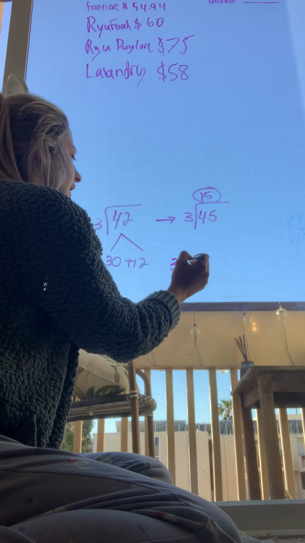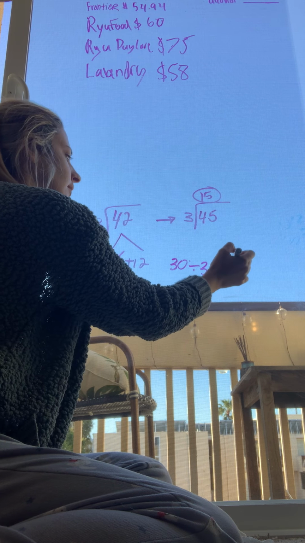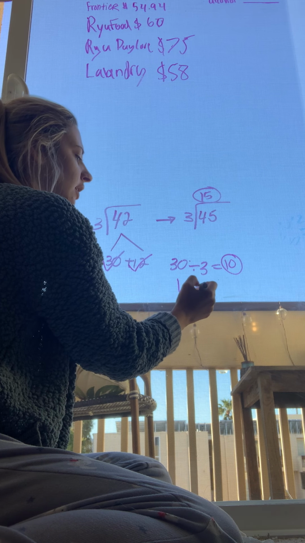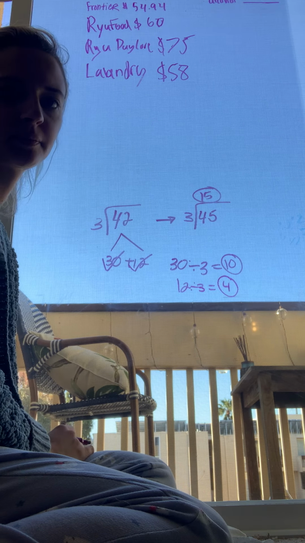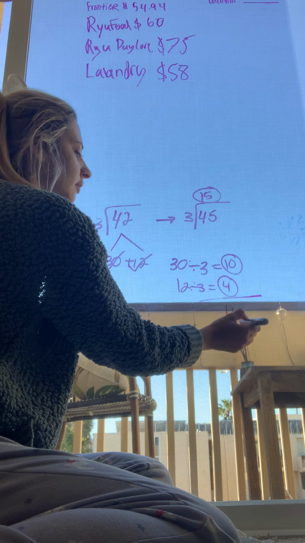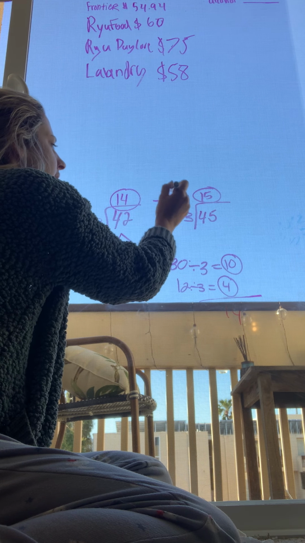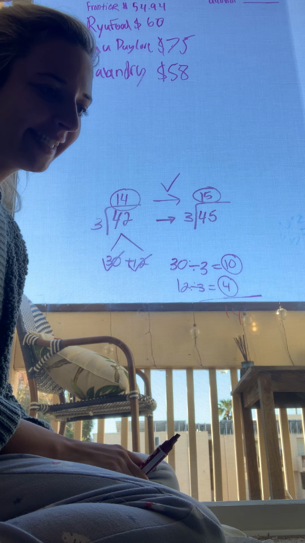Now, 30 divided by 3 equals what? 10. 12 divided by 3 equals what? 4. Add these together. 14. Is that close to my estimate? Yes.